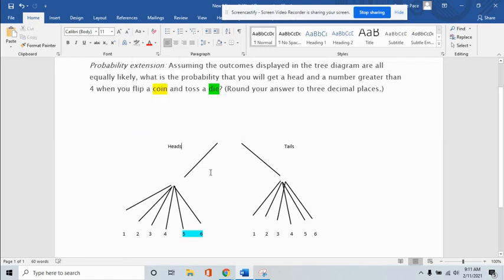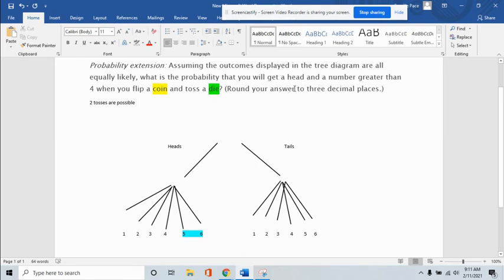Okay. So now what I'm looking at is I've tossed a head and now a number greater than 4, which is 5 and 6. So that happened 2 times. So I'm going to put 2. 2 tosses are possible. But that's not my answer.